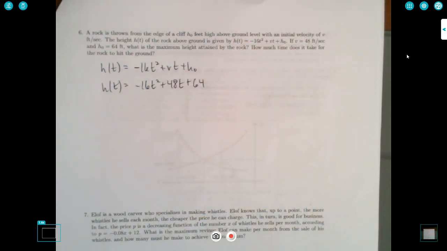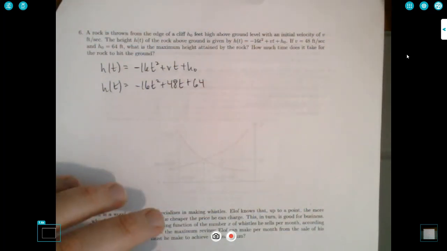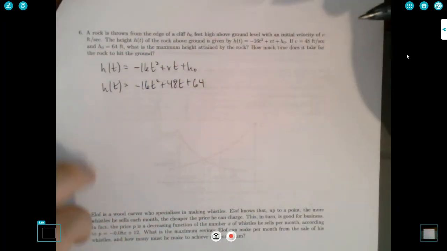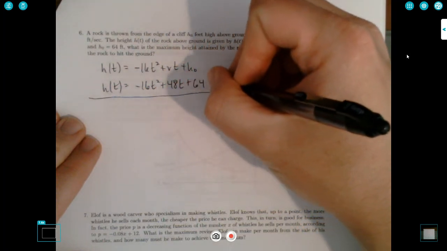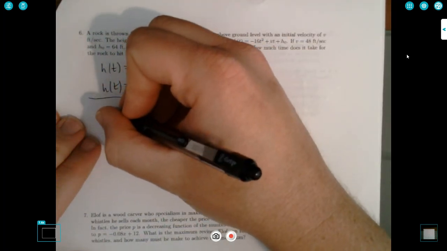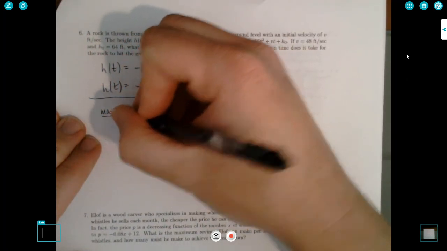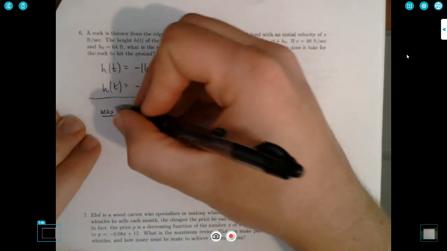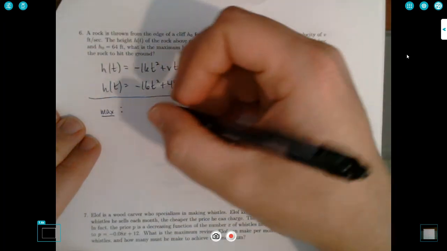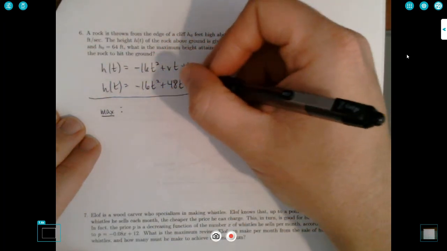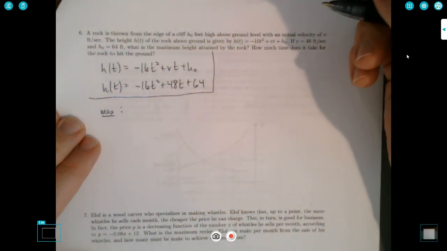Well, there are a couple ways that we could do this. As far as the maximum height is concerned, for the maximum, we're going to use the vertex formula, right? In this case, the variable that's being used is t instead of x.